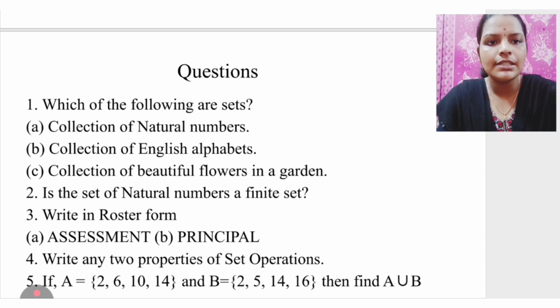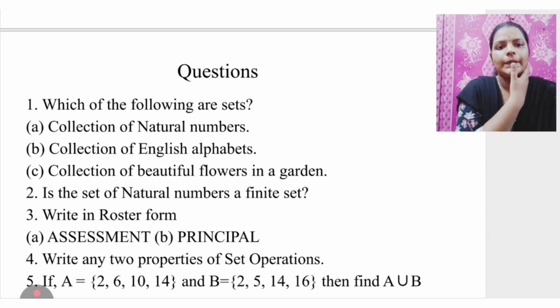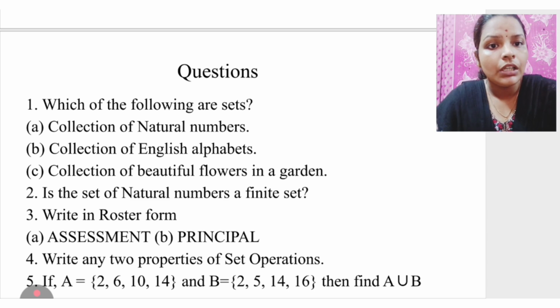Second question, is the set of natural numbers a finite set? You know what finite means, which means countable. Write in roster form. Roster form is a format where you have to write each element without repetition, in the given question. Write any two properties of set operations.